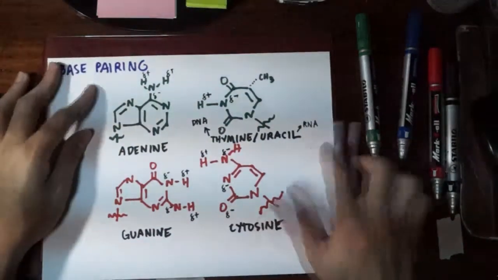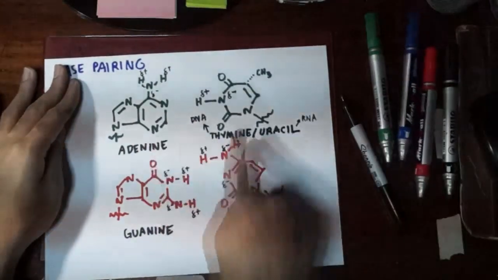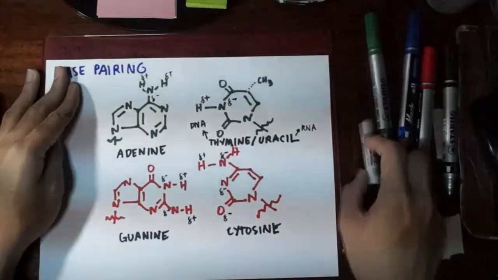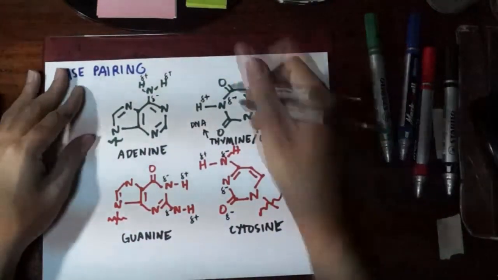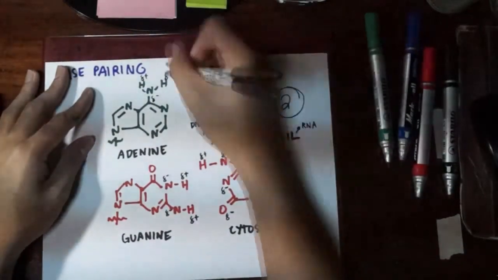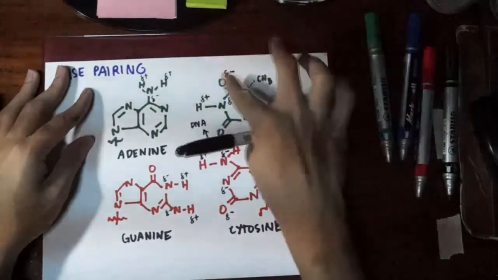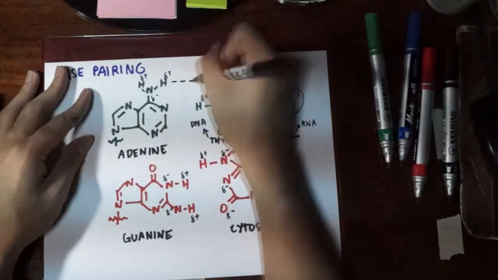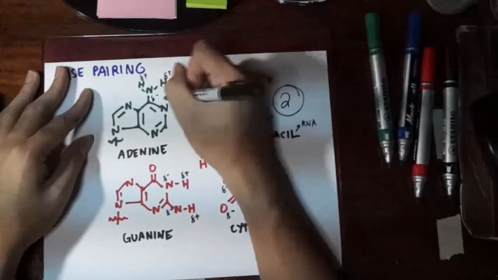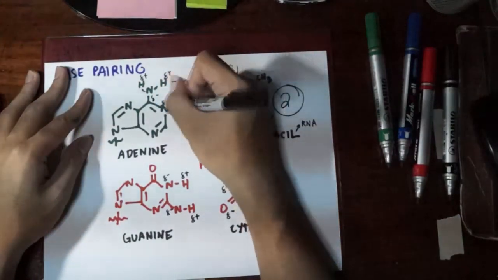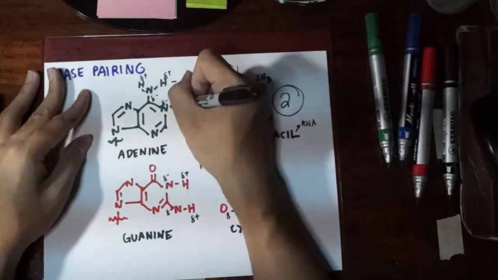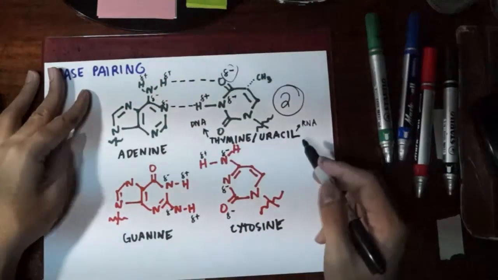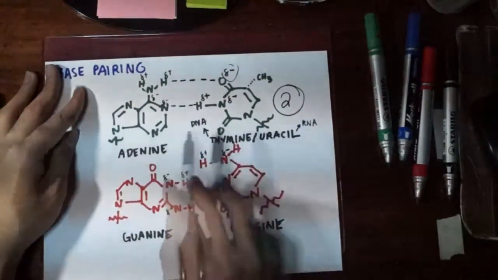No. So here in adenine with thymine and uracil, it actually gives us two hydrogen bonds. The first one is this. I forgot to draw this one. Partially negative oxygen, partially positive hydrogen. There you go, a hydrogen bond here. Then another thing here, partially negative nitrogen, partially positive hydrogen. There you have it. So you have two hydrogen bonds with this combination.